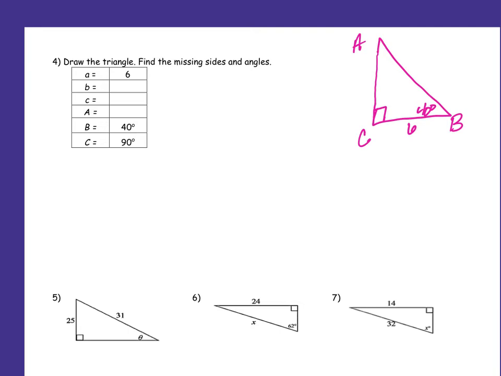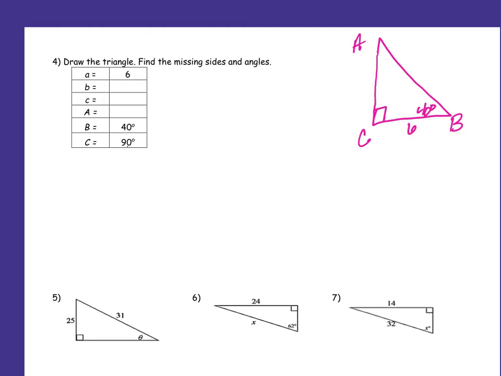Yes, Drew, that is correct. It's 180 degrees. The angles in a triangle add up to be 180 degrees. So if I know 2 out of my 3 angles, I can find the third one by subtracting from 180. And I do know 2 of the 3 because one is 90 degrees and one is 40 degrees.